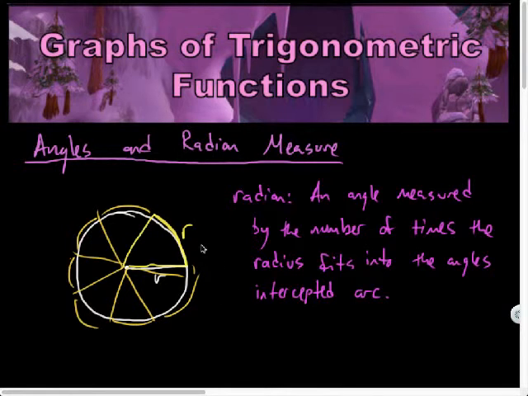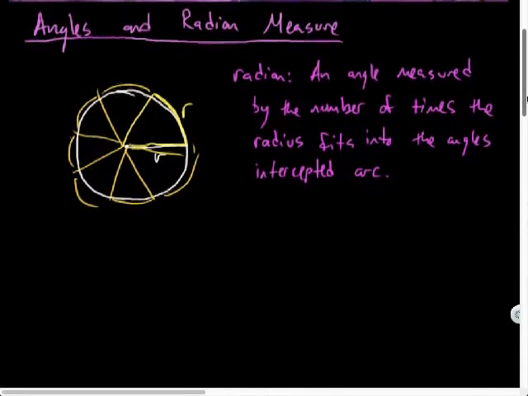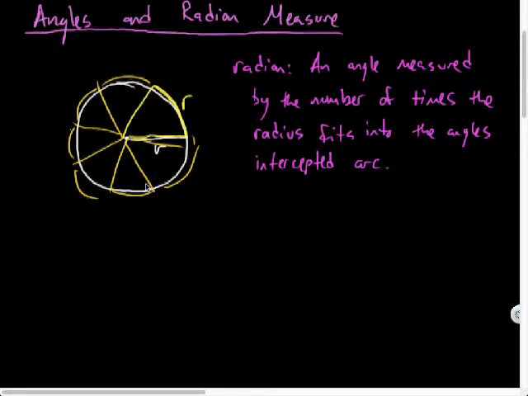Well, let's think about that. The distance around a circle, what formula do we use to talk about that? Circumference, right? And circumference is equal to 2 pi r. So I'm basically asking the question, what do I get when I take c, the circumference, and divide by a radius?